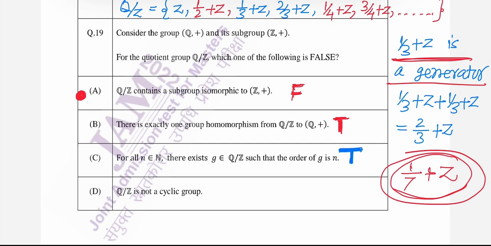And in the same way, if you are taking some other element, suppose you are taking for the second time 1 by 7 plus Z, and you assume that it is a generator.